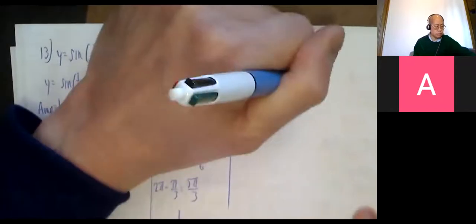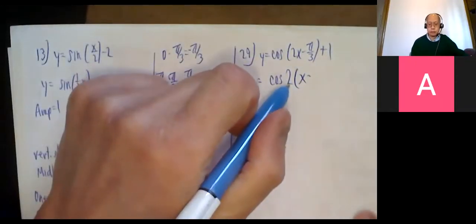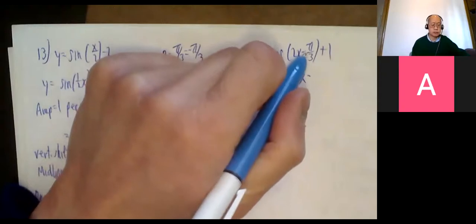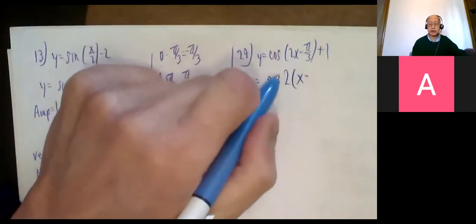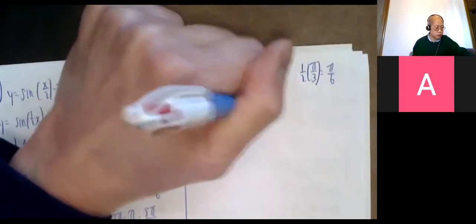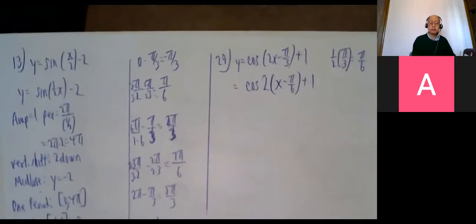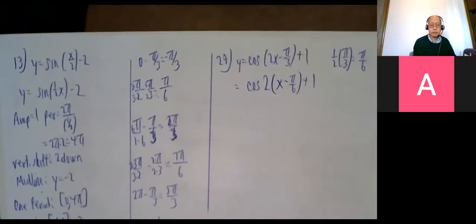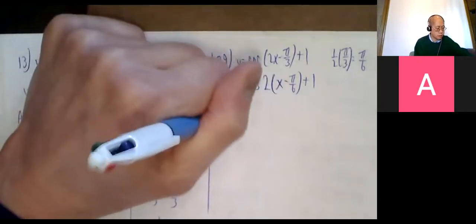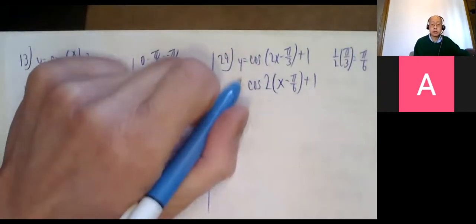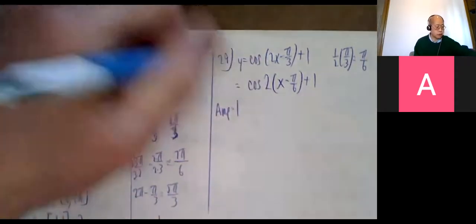Right, so factor out the 2. Which means I want half of this, right? To balance it out, if I'm going to multiply by 2, I multiply by half. What's half of pi over 3? Pi over 6. Amplitude, there's no number in front, 1.